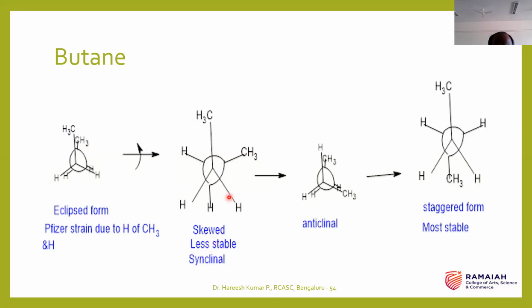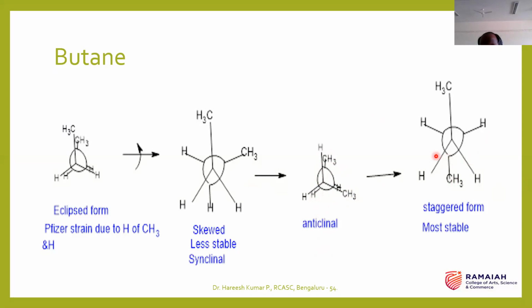It's a skew form, also called synclinal. If this CH3 is moving like this and coming near to this CH3, then it's called anticlinal. What you can observe here, CH3 is here, one more CH3 is here. This kind of representation is anticlinal. Again, this is also less stable, but not the most stable one.